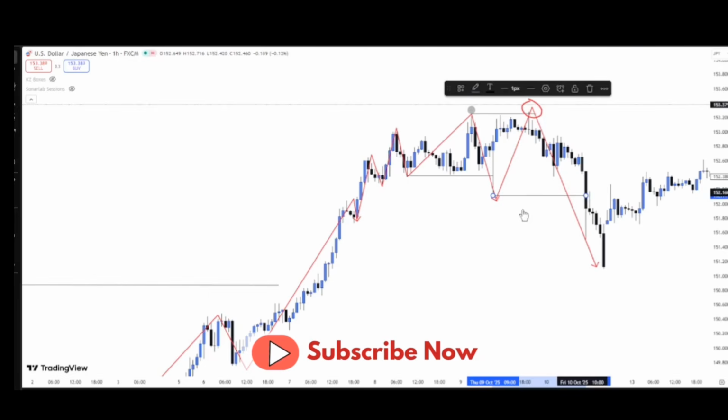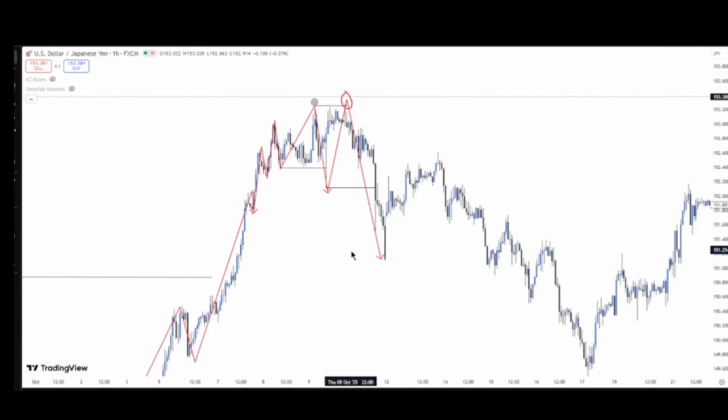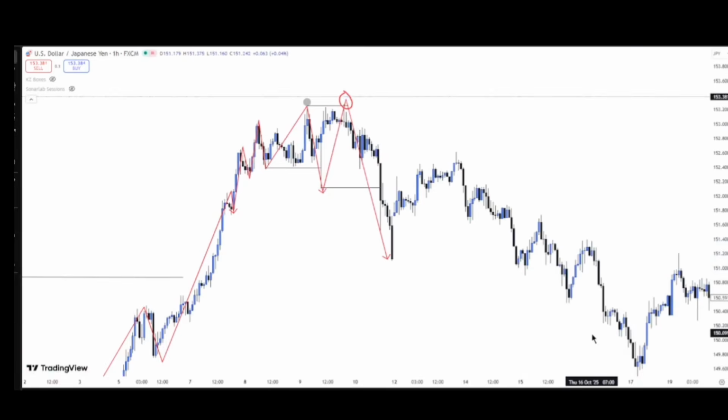And because you will mark here as your change of character, what you will start having in the market will be this. Price will start going lower like this. And you will want to enter going short, because this is your CHOCH.